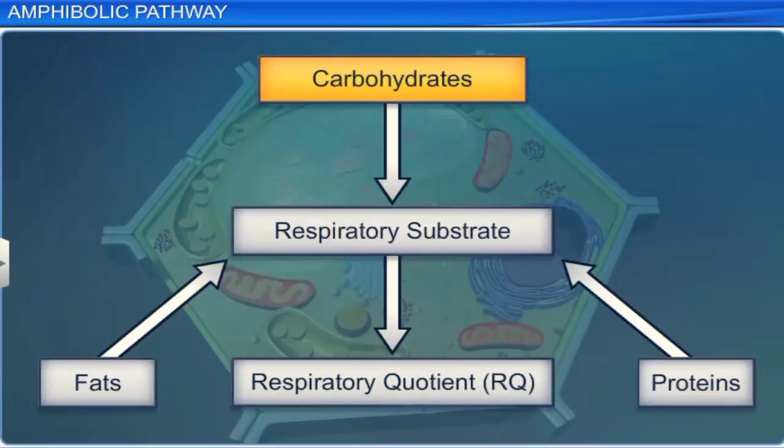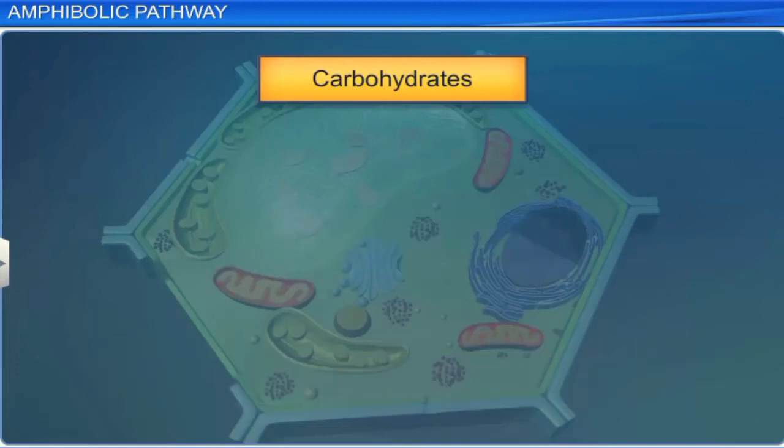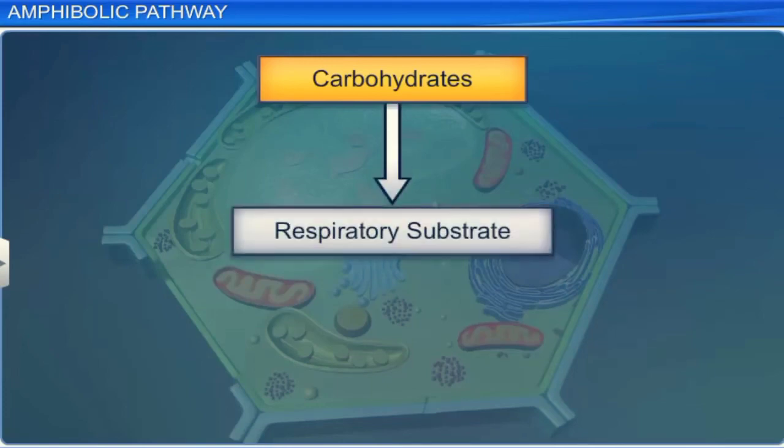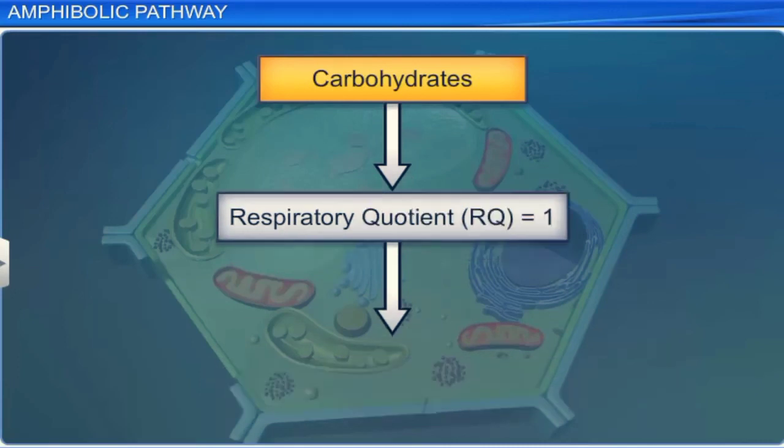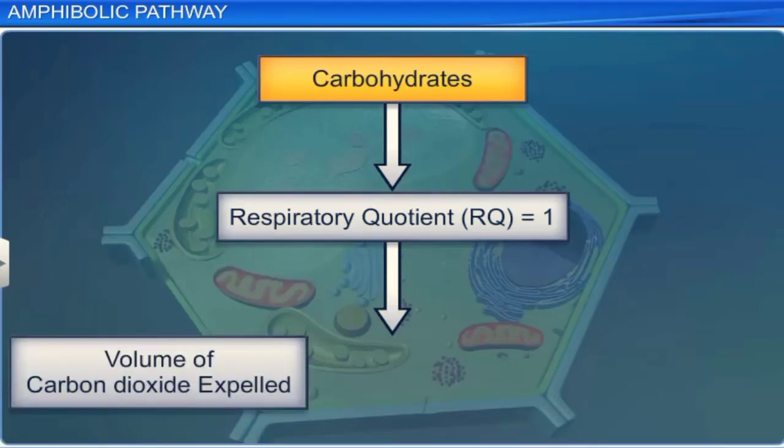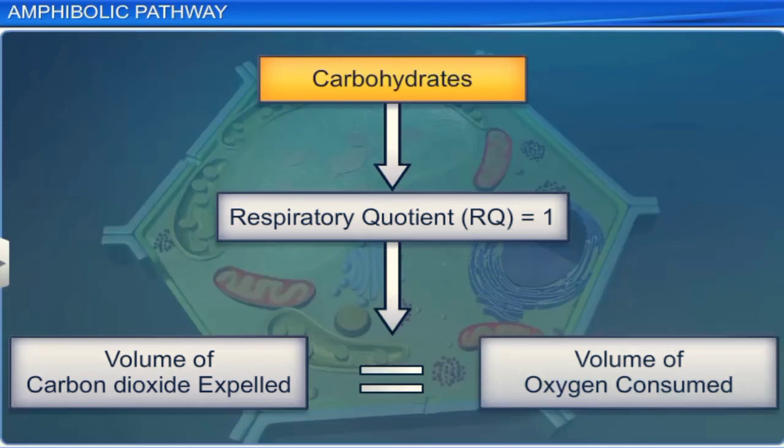As plants use more than one substrate for respiration, RQ depends on the respiratory substrate used. For example, when carbohydrates are used as the respiratory substrate, the RQ value is 1, which means the volume of carbon dioxide expelled equals the volume of oxygen consumed.